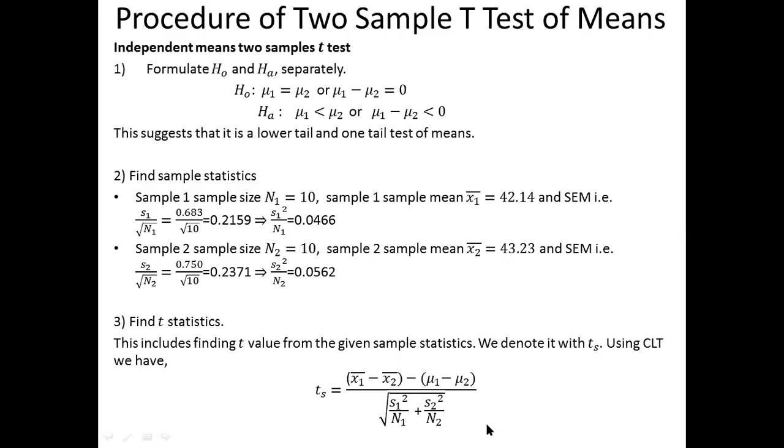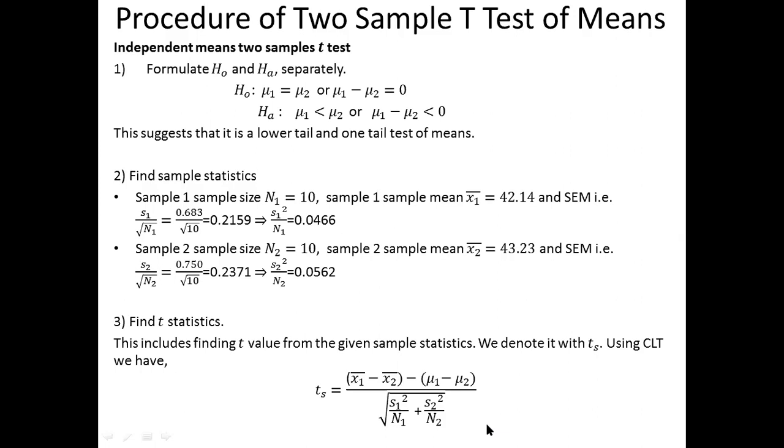And by CLT, the central limit theorem, we know that the sampling distribution of means is normally distributed. And when it is normally distributed, we get these t scores, which is written over here as the Ts value. So because of CLT, we can write this t score or t statistic in this way.